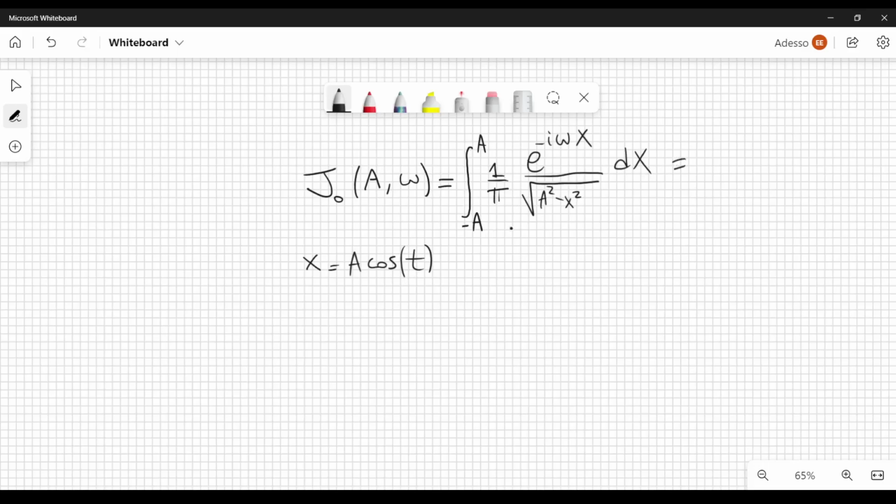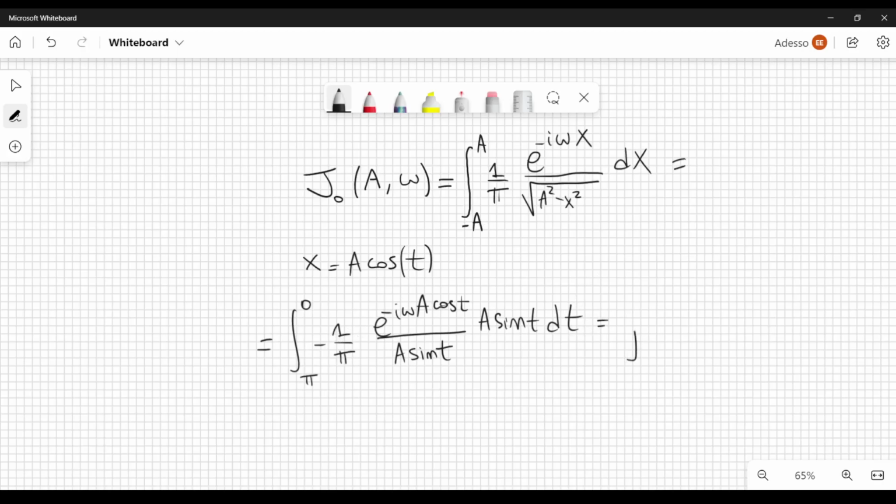So this can be rewritten as integral from pi to 0 of minus 1 over pi e to the minus I omega a cosine of t, and then we divide by this square root, which will simply become a times sine t, and then the differential of x will become minus a sine t dt, and I have put the minus sign here.